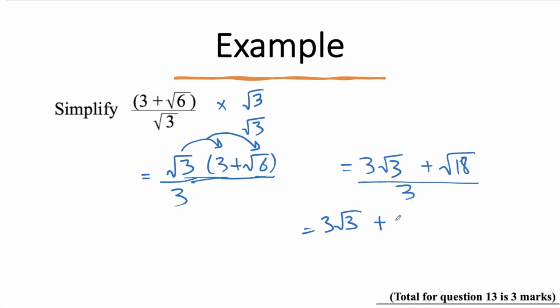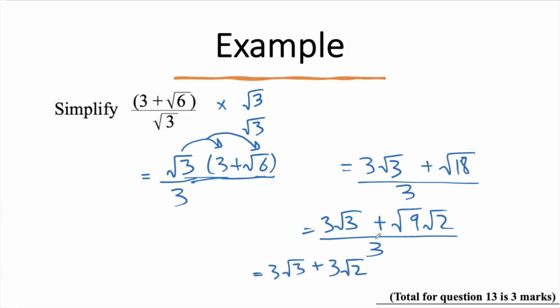That's 9, so root 18 is root 9 times root 2. So this becomes 3 root 3 plus 3 root 2, because root 9 is 3, over 3.